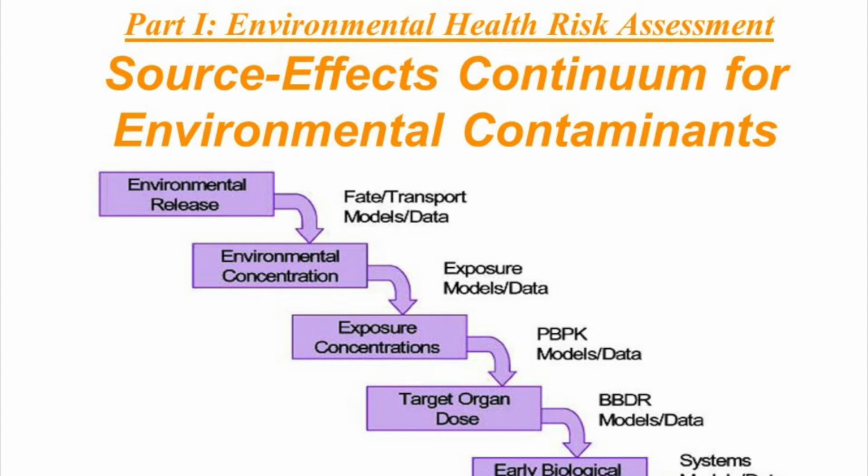The purple squares or rectangles illustrate each of the steps involved in the environmental effects continuum, and they're on the left side of the slide. On the right side of the slide are listed the measurement data or types of models used to generate information that link these steps together.